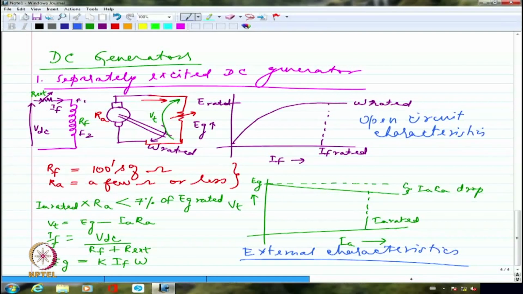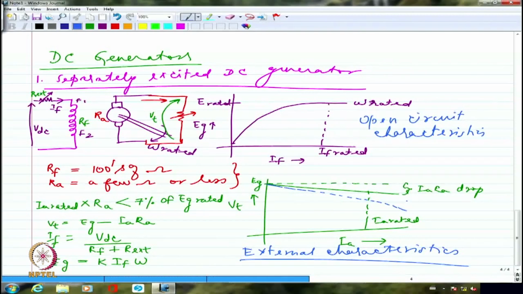If the armature current is 5 amperes and the flux is decreased by 0.2 Weber, it doesn't mean that at an armature current of 10 amperes I'm going to have a reduction of 0.4 Weber. No. The drop will not be linear; it is going to be non-linear as far as the armature reaction drop is concerned.